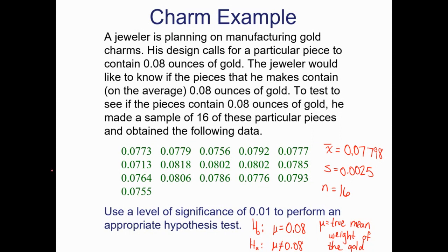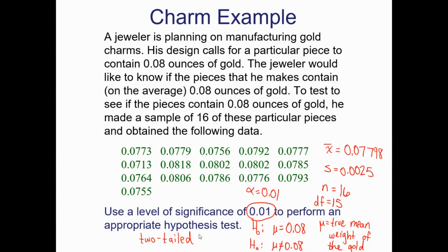Okay, so while we're on the screen, let's make note of a couple of other things. What's our alpha? 0.01. What's our degrees of freedom? And what kind of test is this? One-tailed or two-tailed? This is a two-tailed test.